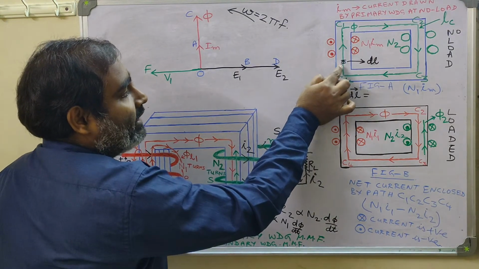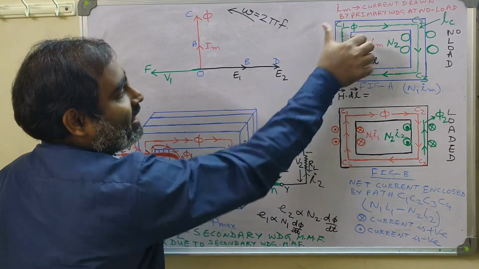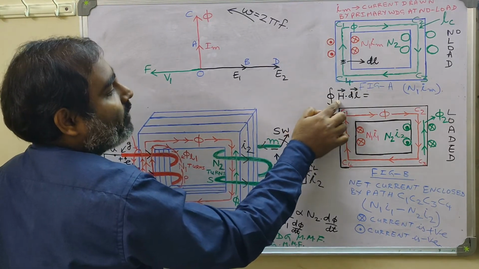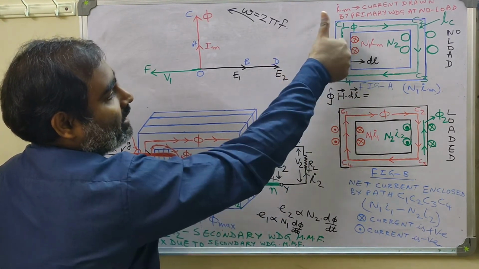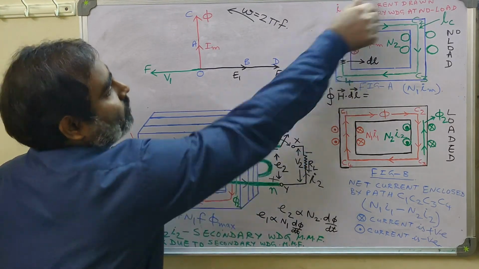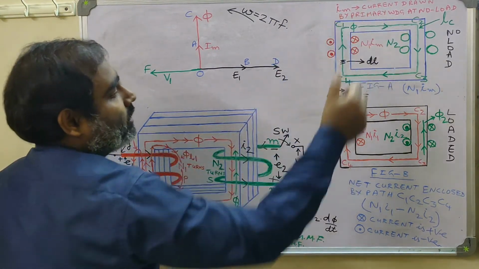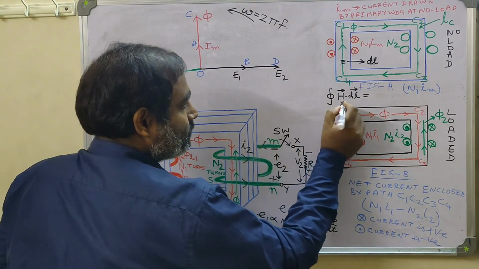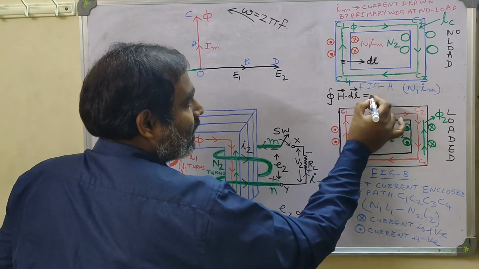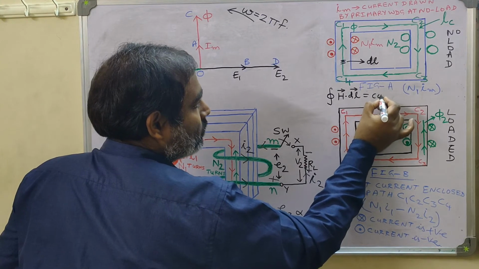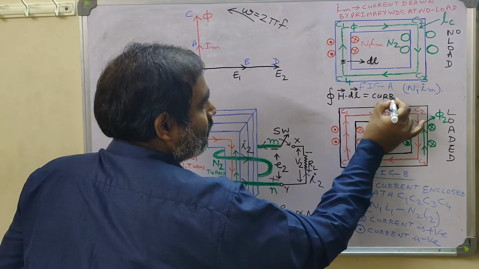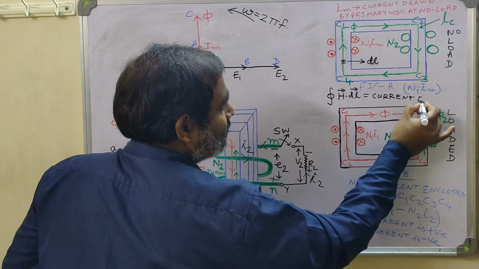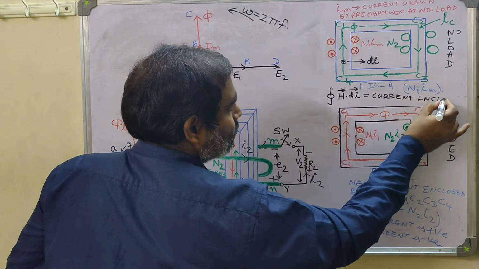We are integrating in the same direction as that of the direction of H. The direction of H is computed from the right hand grip rule, and it is in the direction of the arrow only. So if you integrate, you will get H into LC, and this will be equal to the current enclosed.